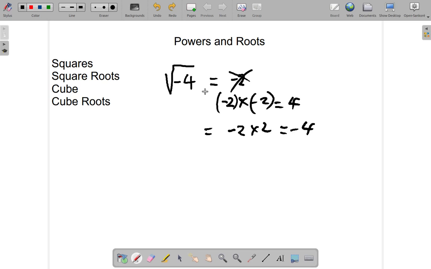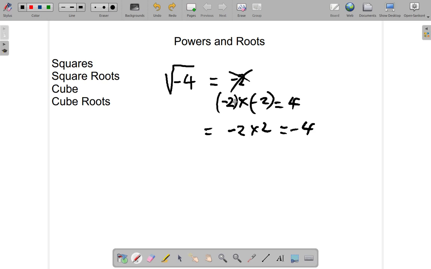The square root must be the same number times itself. Two of the same number. When you multiply them, they give you the original number. Now, here, what you have is not two of the same number. It's two different numbers. So you have a problem.